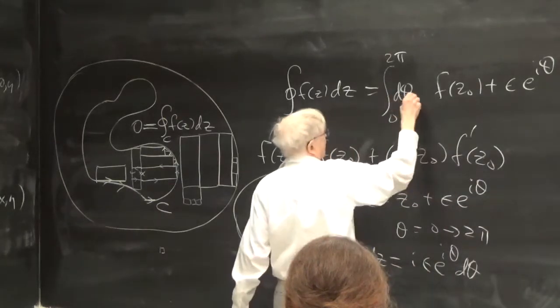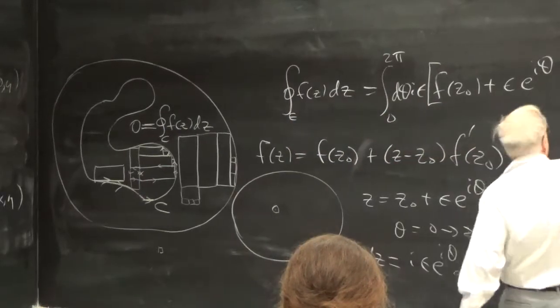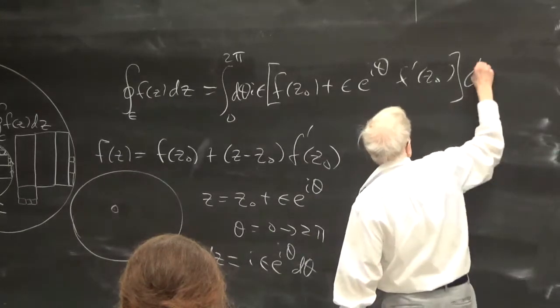I should have put i epsilon, and there's no room to write it, so I'm going to write e to the i theta out here.